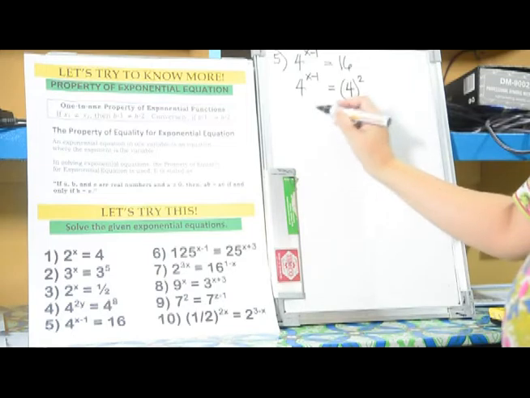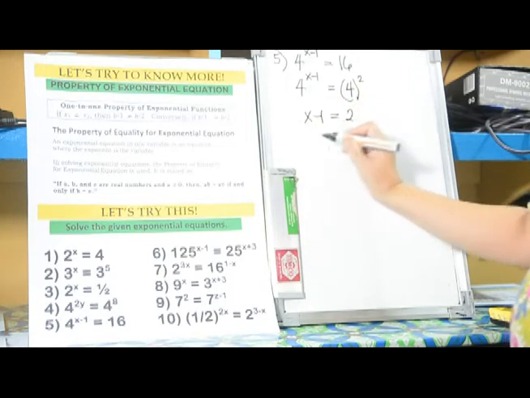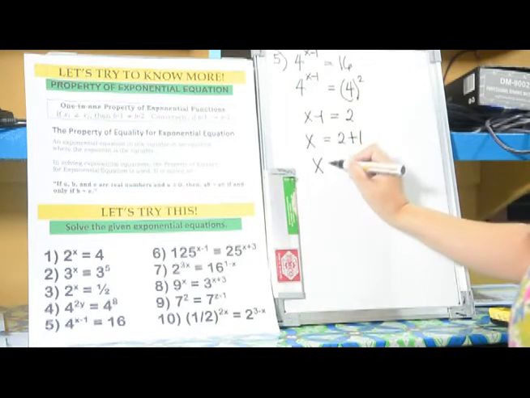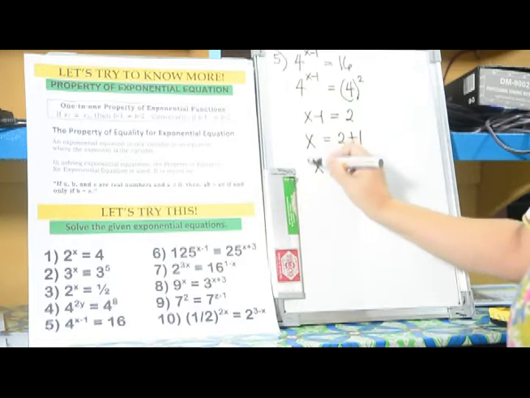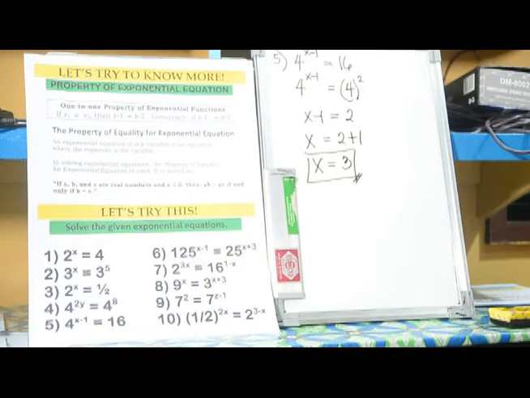So we've got the same base. So x minus 1 is equal to 2, so x is equal to 2 plus 1. So your x is equal to 3. There you go for number 5.